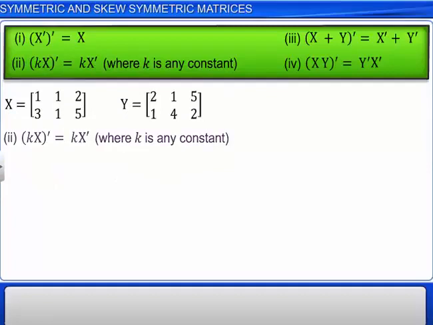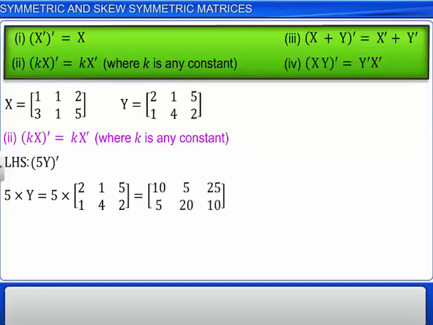The second property states that the transpose of the product of a matrix and a constant is equal to the transpose of the matrix multiplied by the constant. Let's verify this using the matrix Y by finding the left-hand side. We multiply Y by a constant, 5. Next, we will take the transpose of this matrix.